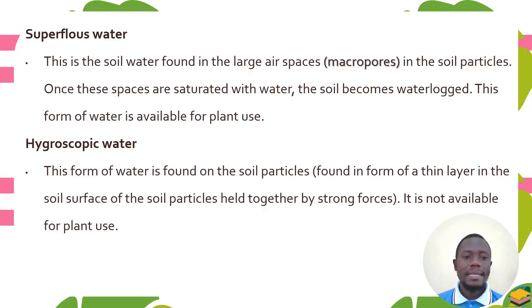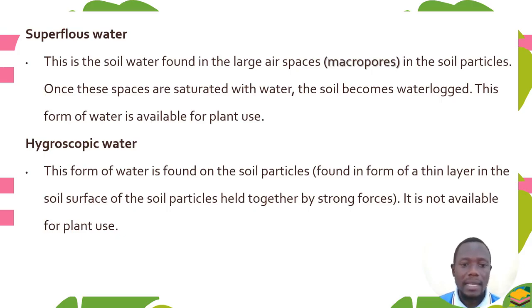So the second one is superfluous water. This is the soil water found in large air spaces, which we call macropores, in the soil particles. Once these spaces are saturated with water, the soil becomes waterlogged.